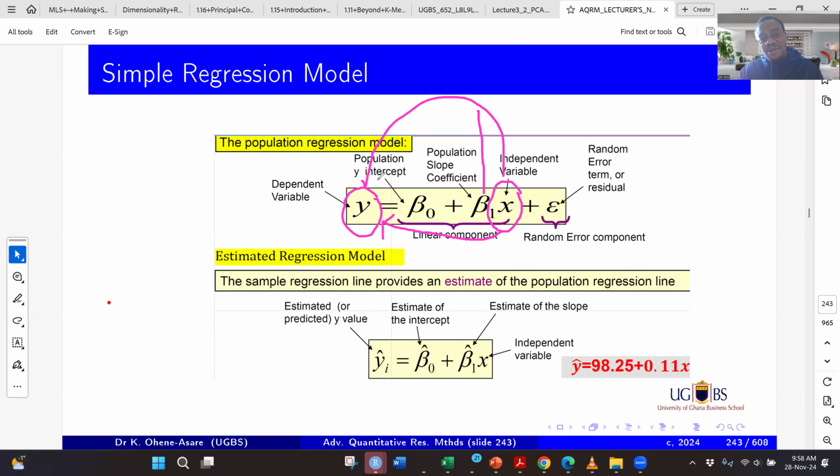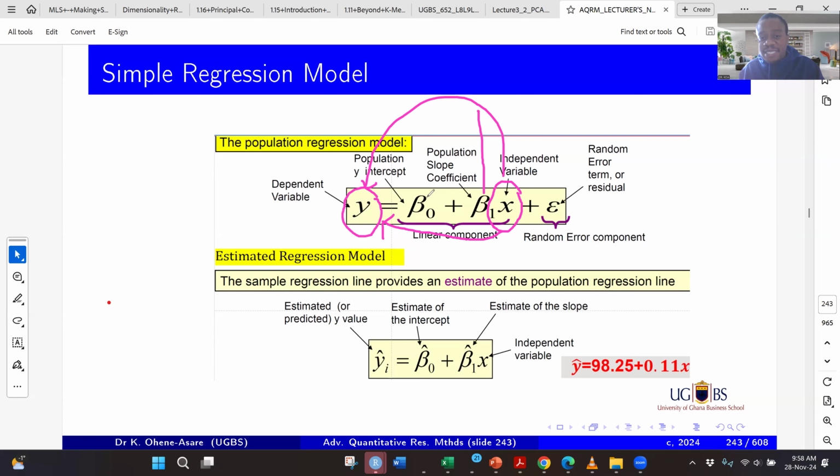How much the regressor affects the regressand. That by how much is the value of the beta. In this case, beta 1. So betas, which are attached to the independent variables, are telling you by how much that particular independent variable is affecting the dependent variable. It is telling you the marginal effect of each independent variable on the dependent variable.